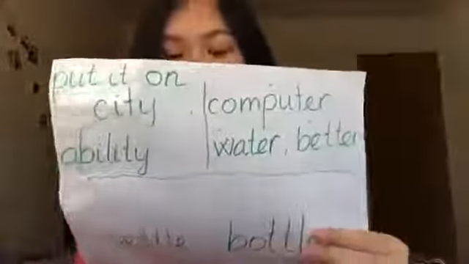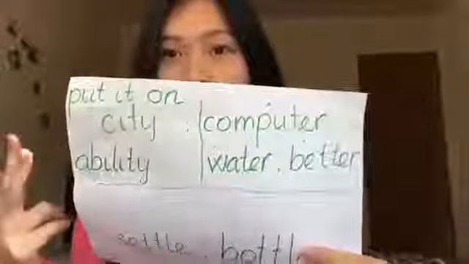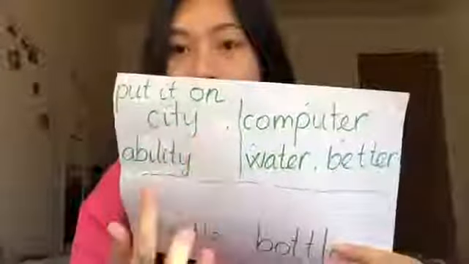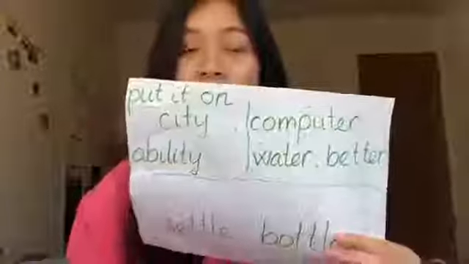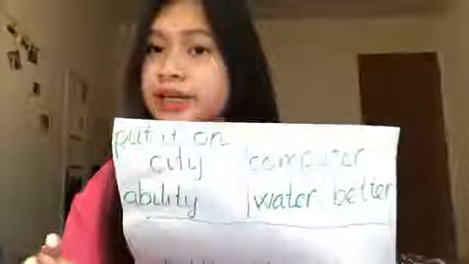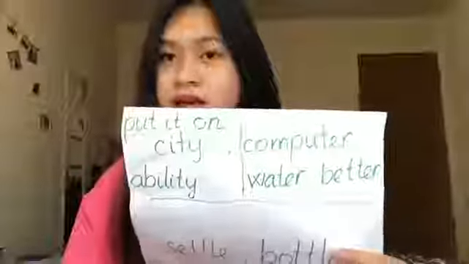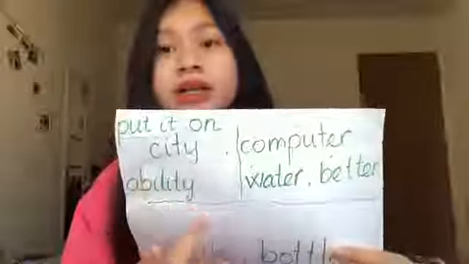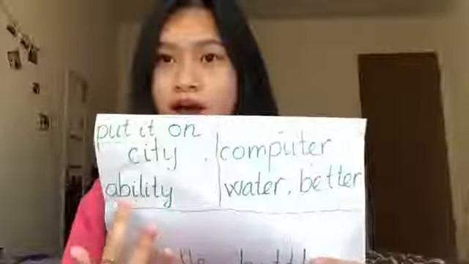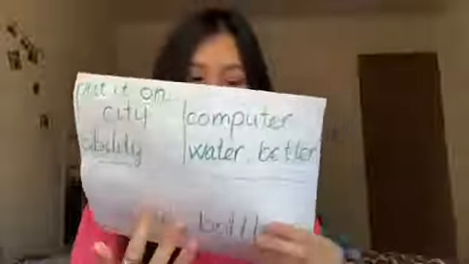Okay, for example, when the T is between two vowels, we have city and ability. So we don't pronounce it as city or ability with a hard t, but we pronounce it as city and ability with a d sound.